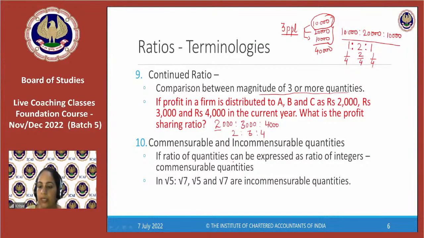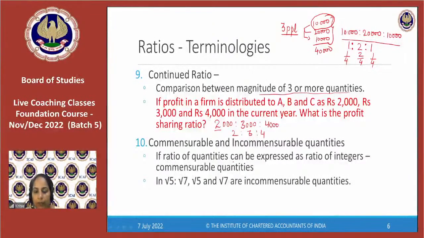So any quantity you pick up, like this profit I have just picked up, 2 is to 3 is to 4. All 2, 3, and 4 are integers, right? So when you can compare the ratios and the ratio is in the form of integer is to integer, then it is known as commensurable quantity.